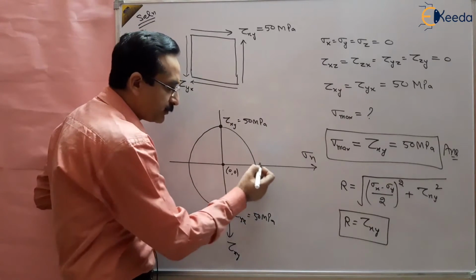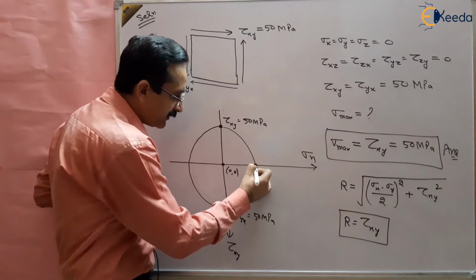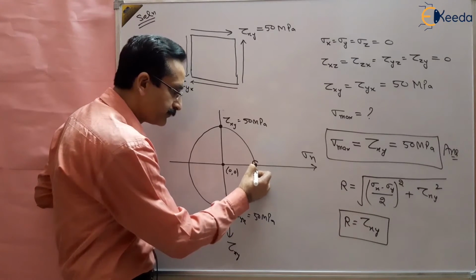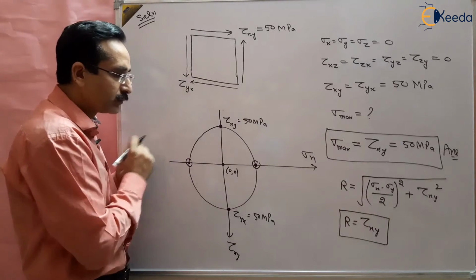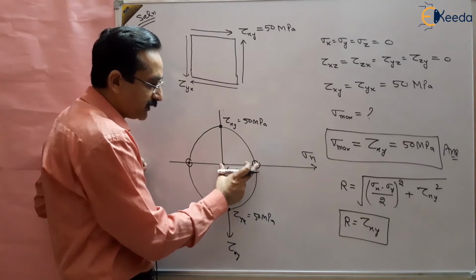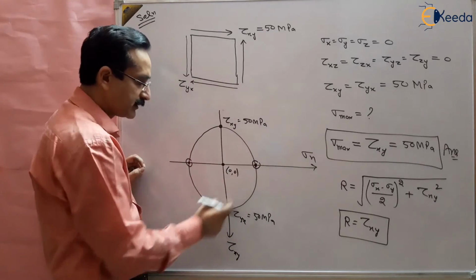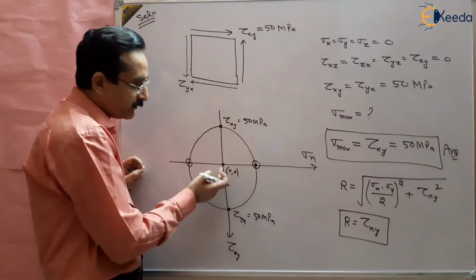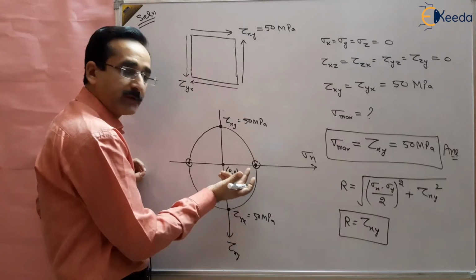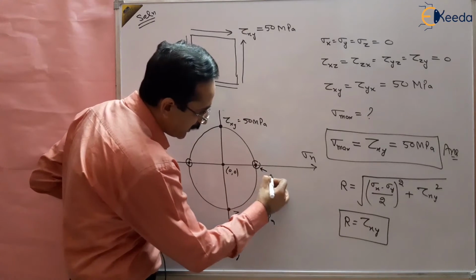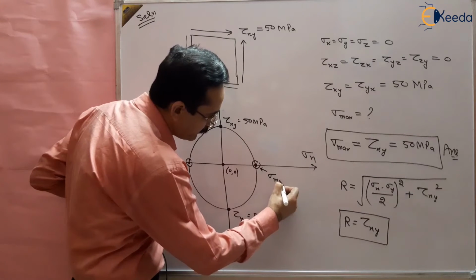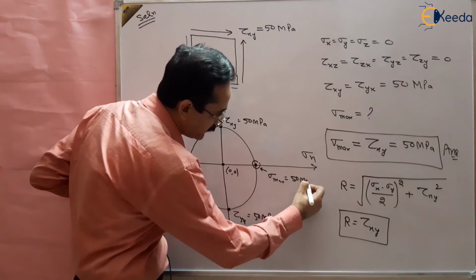The maximum value is at the periphery of the circle. The periphery cuts the x-axis here and also here. So the normal stress will be maximum, that is 50, because from the origin to this point is a distance of 50 megapascal. That's why sigma max is 50 megapascal.